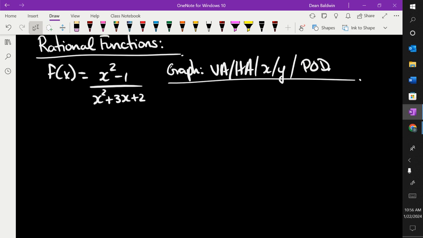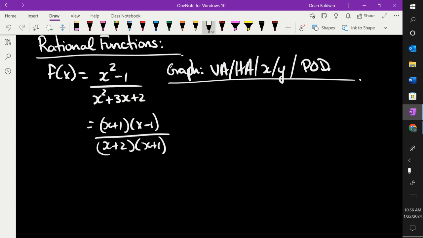All right, so what do we do? If I say graph this, what do you need to do first? Factor would be a good place to start. So the top turns into x plus 1, x minus 1 over x plus 2, x plus 1.